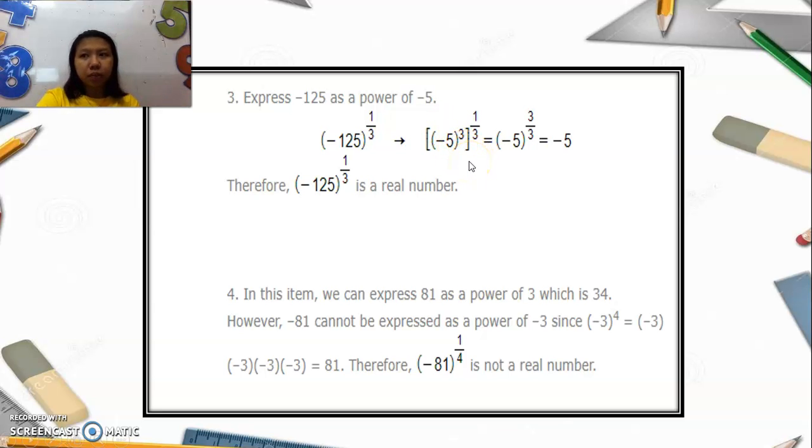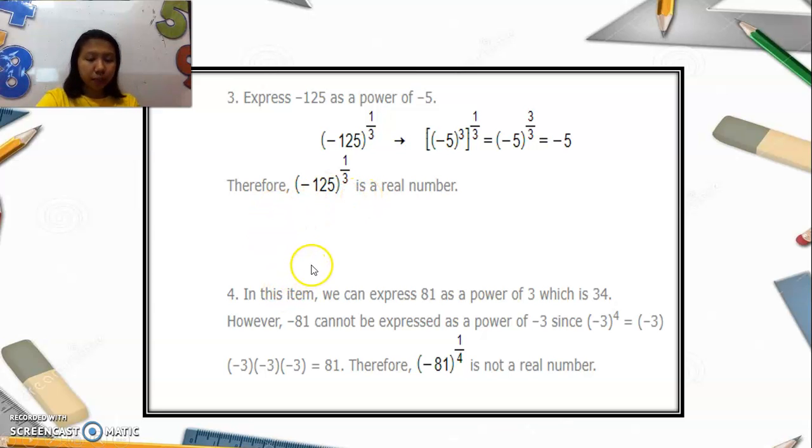But 25 times negative 5, the answer will be negative 125. So that means it satisfies this condition wherein we need to have an answer of negative 125. So upon simplification, we will have negative 5 as the answer. So therefore, negative 125 raised to 1/3 is a real number.